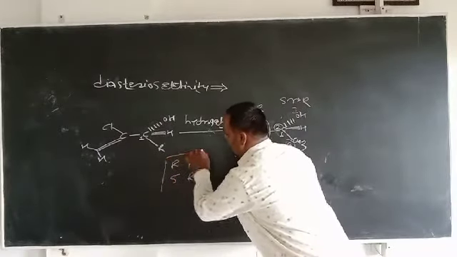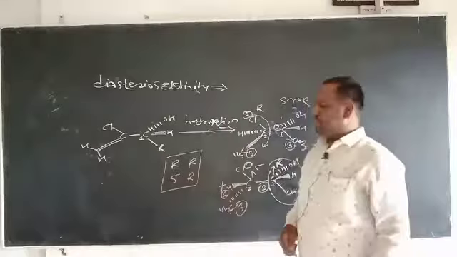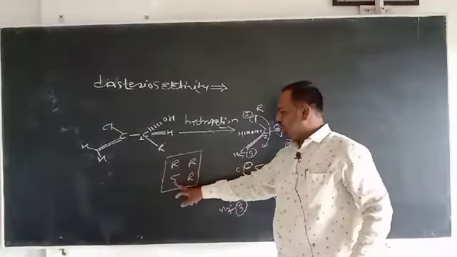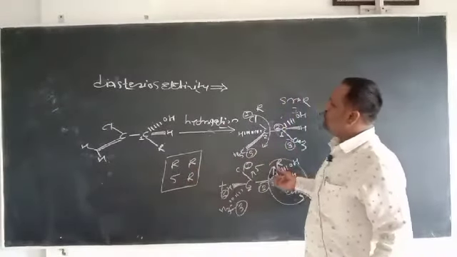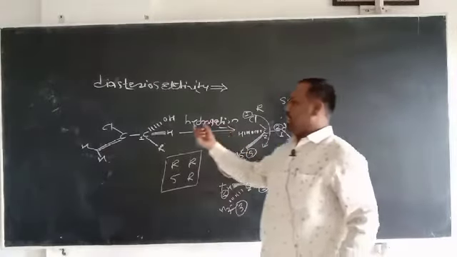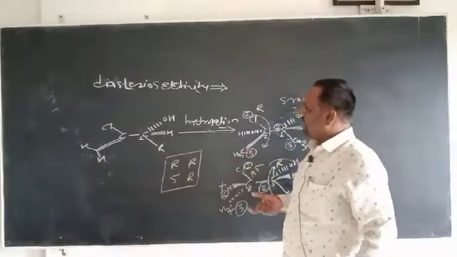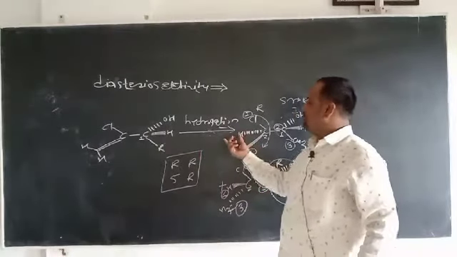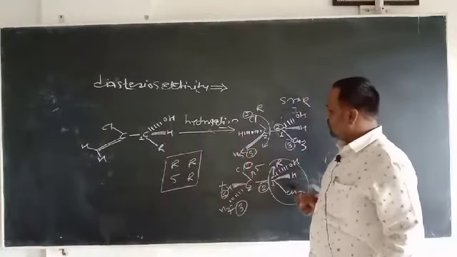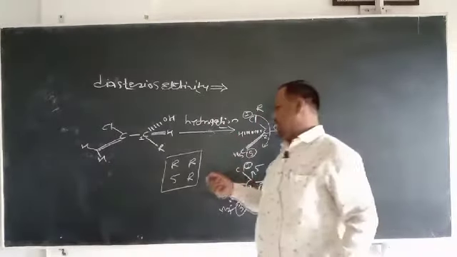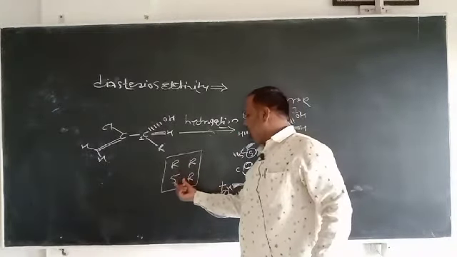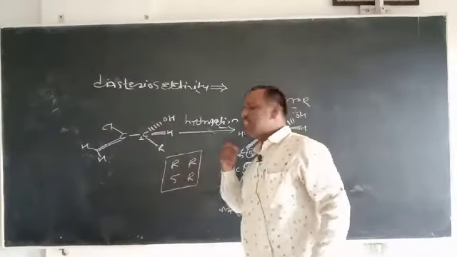So this is the condition for diastereoselectivity. RR is converted into SR, so they are diastereomers of each other. For diastereoselectivity, there should be a stereogenic center, that is a chiral carbon in the substrate, which on hydrogenating gives two molecules which are diastereomers of each other, that is RR configuration is converted into SR configuration.